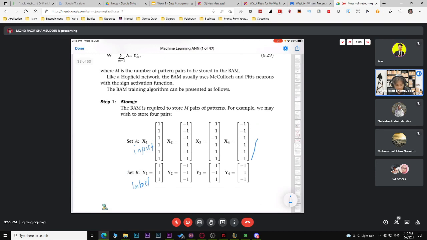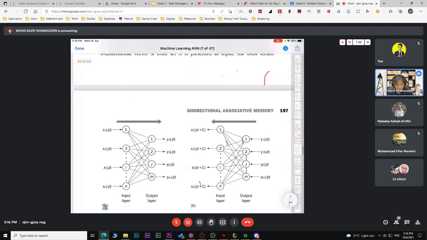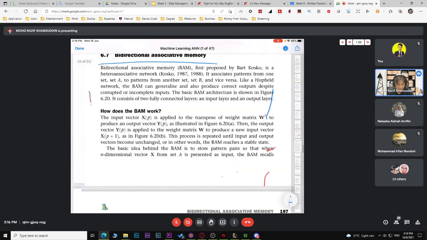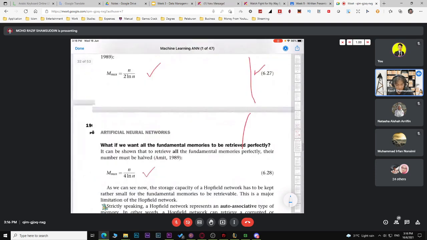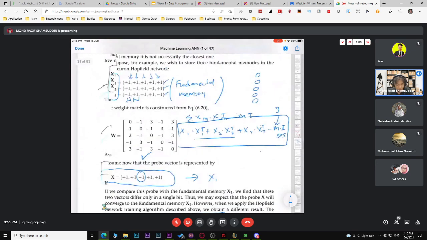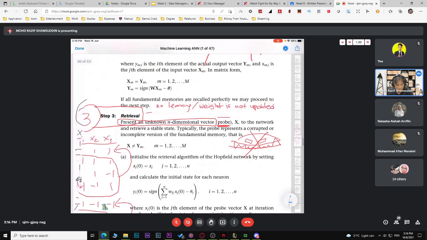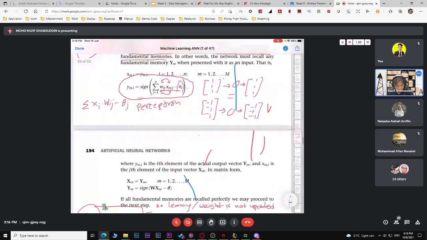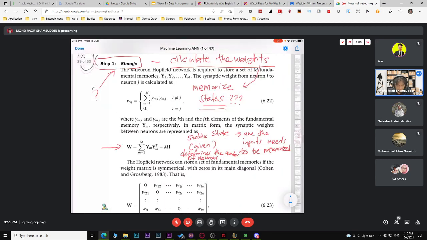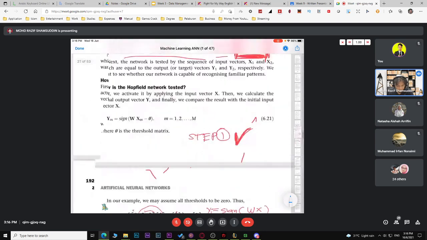Okay, some people would also categorize Hopfield network as an unsupervised network. Kenapa dia kata unsupervised network? Sebab dia tak ada label. Kan? Betul tak? Ada tak label dia? Kita tengok balik ke atas. Stable state.